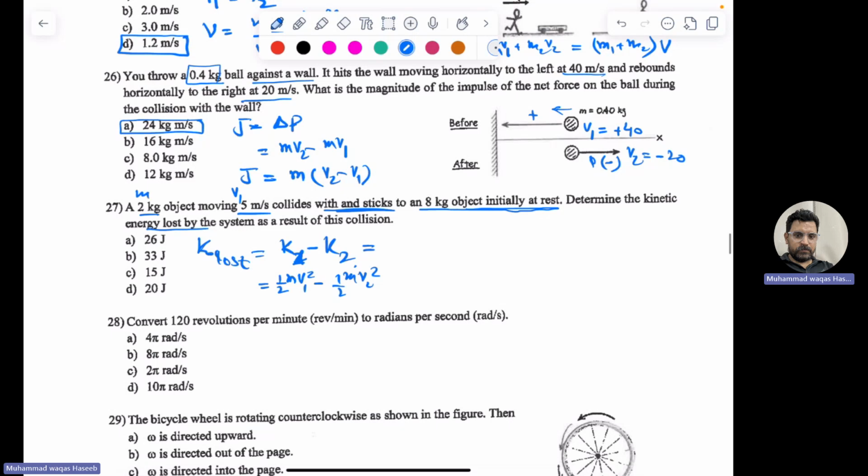This is mass m1, and this is the combined mass, 8 kilograms plus 2, this is m2. We don't have this v2, so we will find it from m1 v1 plus m2 v2 equals m1 plus m2 times v.